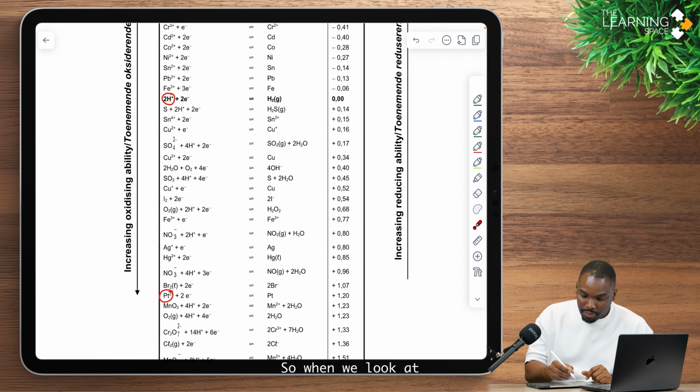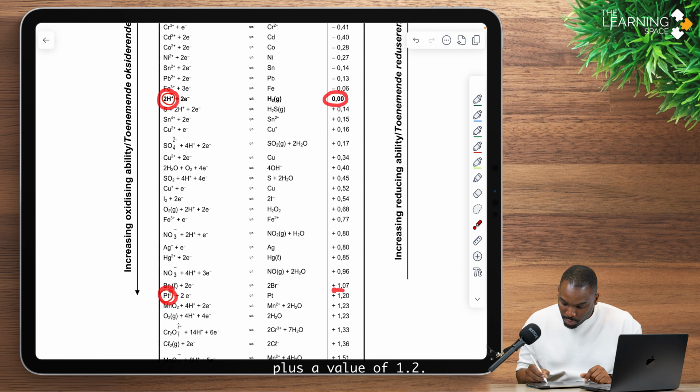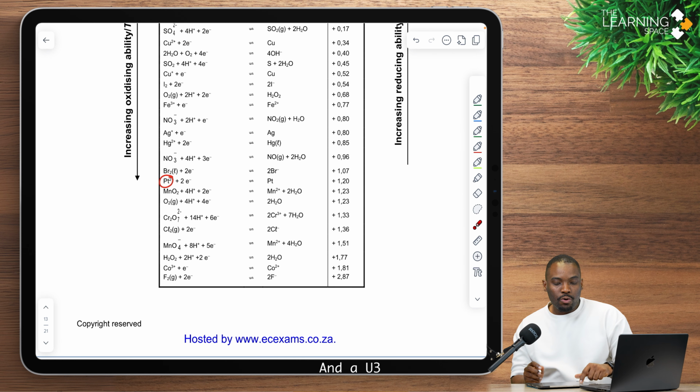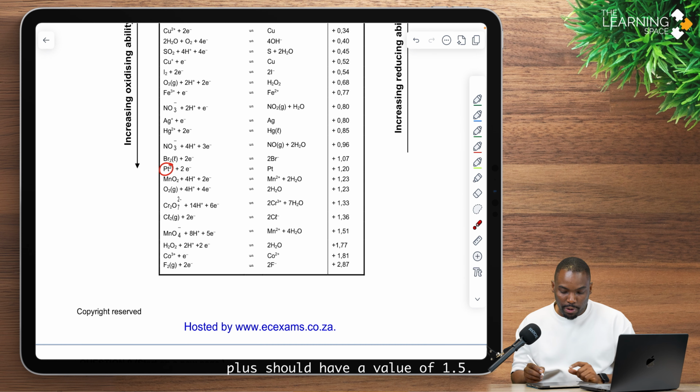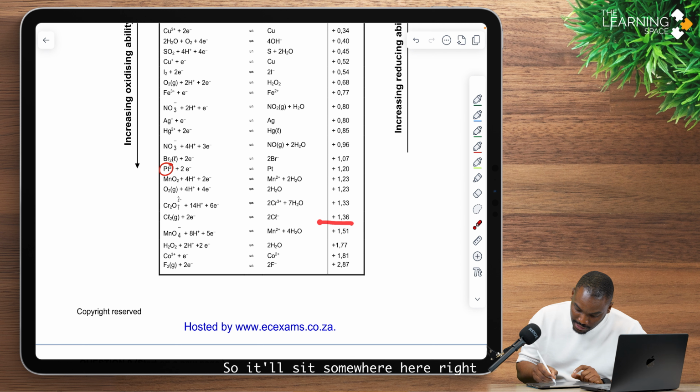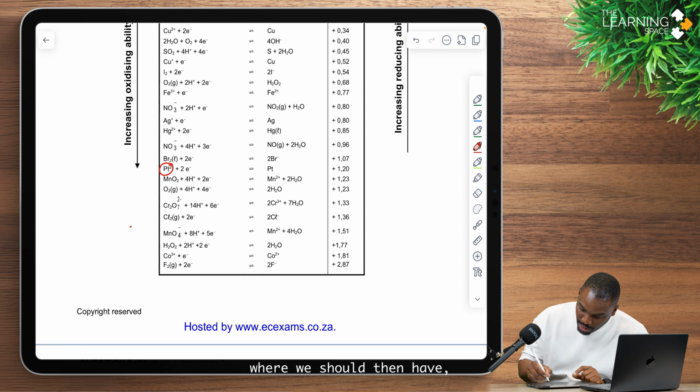So H plus has a value of 0, Pt2 plus a value of 1.2, and Au3 plus should have a value of 1.5, but it isn't on our table. So it'll sit somewhere here, in that gap.